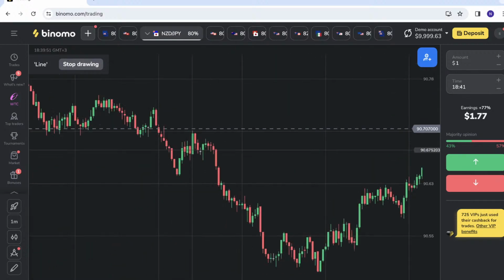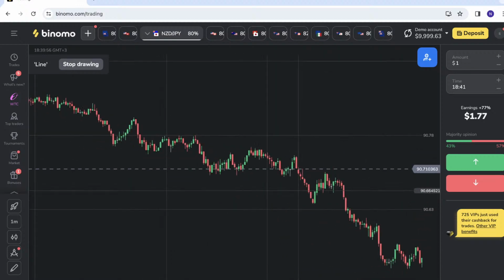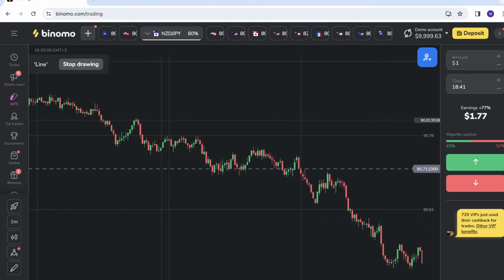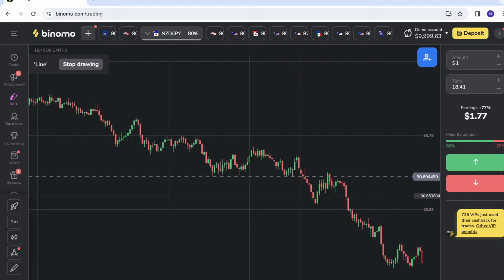For example, if I look at this graphic, I will see that the price goes down, and if you pay attention, in this period we have minimum and maximum points again. In this case, again, I can use our drawing tools, and again, I can draw my support and resistance lines.